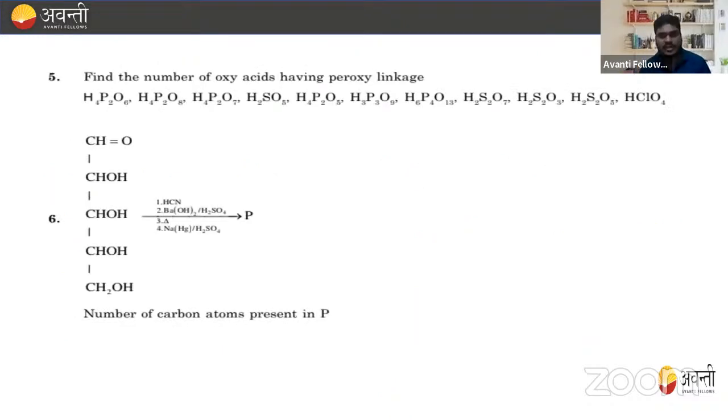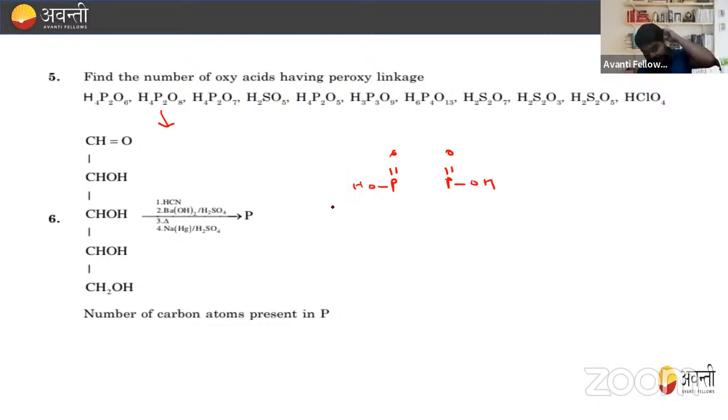Now find the number of oxyacids having the peroxy linkage. So you have to identify the number of oxyacids having the peroxy linkage. So out of these, which will have a peroxy linkage? So this one has a peroxy linkage, if you draw the diagram like P, O, P, O, right? This is OH, OH.